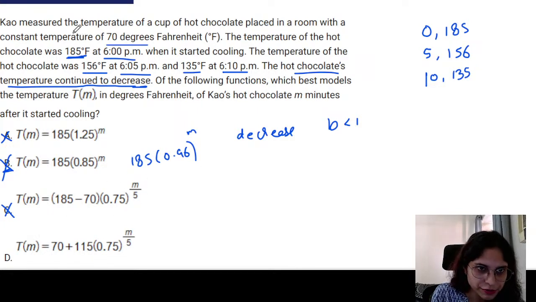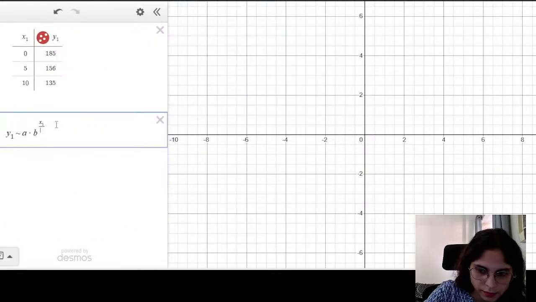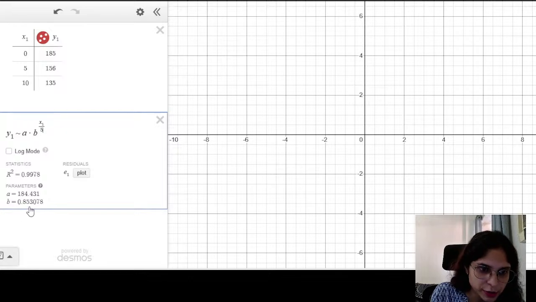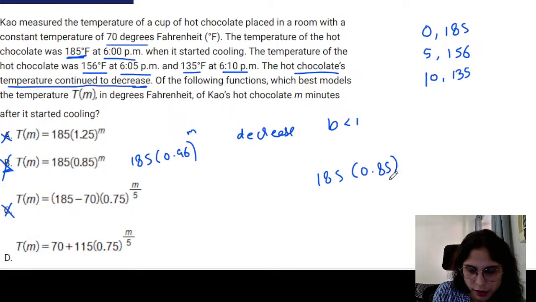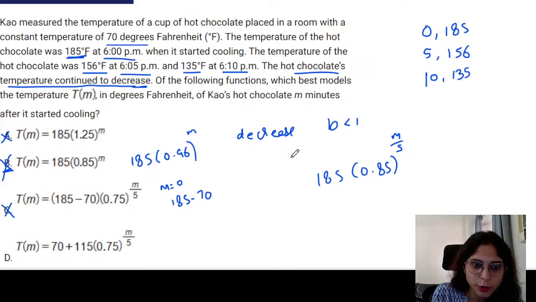If you do x over 5, because it is cooling every 5 minutes, then you get 0.85. So your answer should have been 185 times 0.85 to the power m over 5. That option is nowhere. And over here also, when you put m equal to 0, you're getting 185 minus 70. So this is also not working, and this is not 0.85, so yeah.